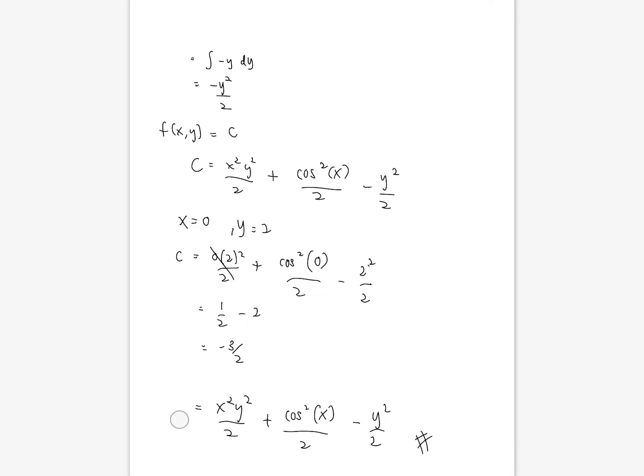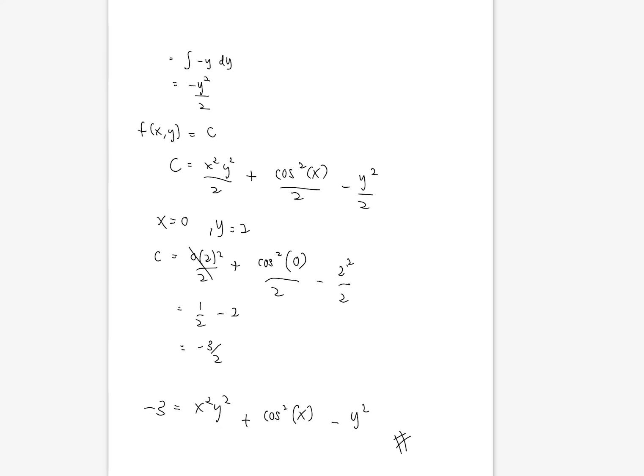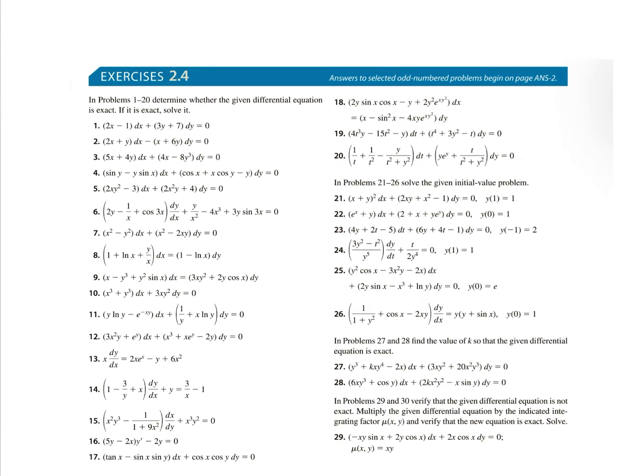So you can rewrite this as negative 3 equals x squared y squared plus cos squared x minus y squared. So this is the final answer. Alright, so that finishes the exact equation. With that, thank you.